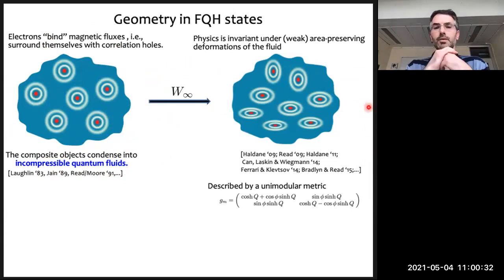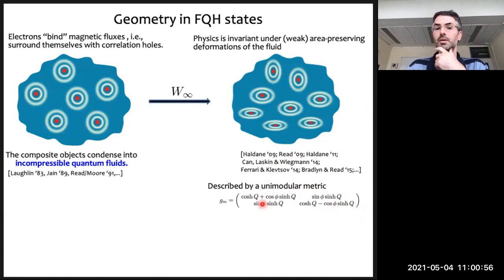And so formally, the way we describe this geometry is by this 2x2 metric, which describes essentially the shape of this flux attachment in these quantum Hall fluids. And so what will be important for us is that it's a unimodular metric because we preserve the total area of the quantum Hall fluid.